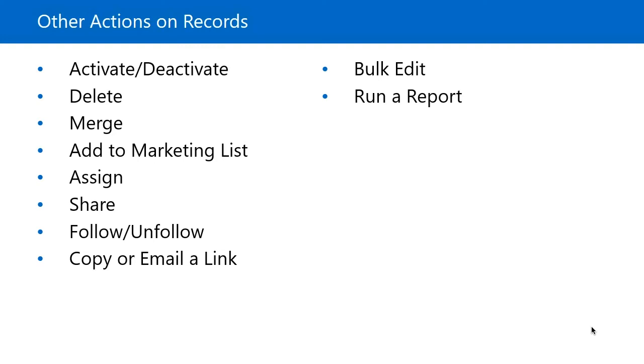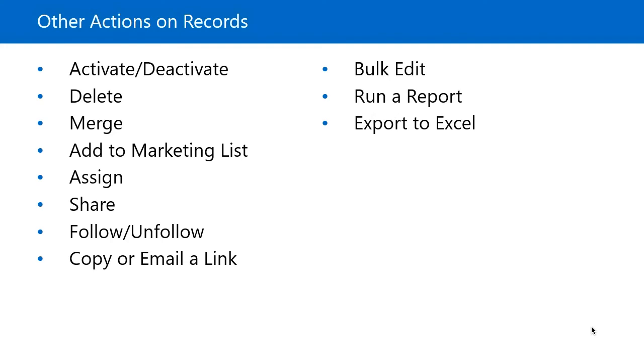The Dynamics 365 system includes several default reports that are associated with records. When a user examines a view, they can select one or more records and run one of the available reports in the context of those selected records. There are also different default reports for each entity to relate more closely to that specific entity itself.